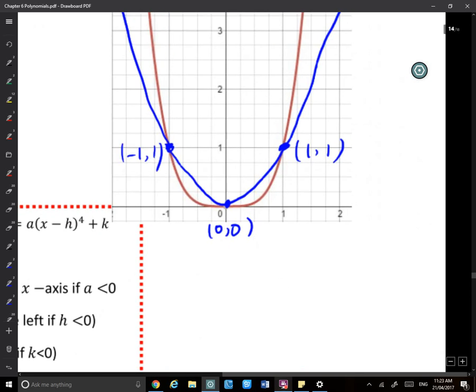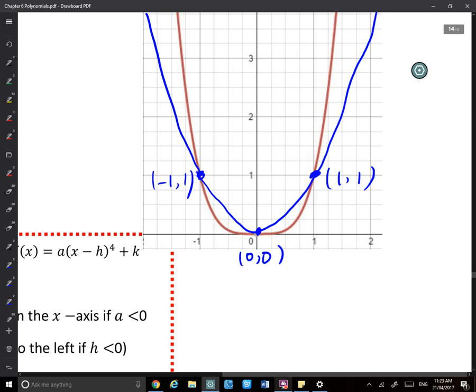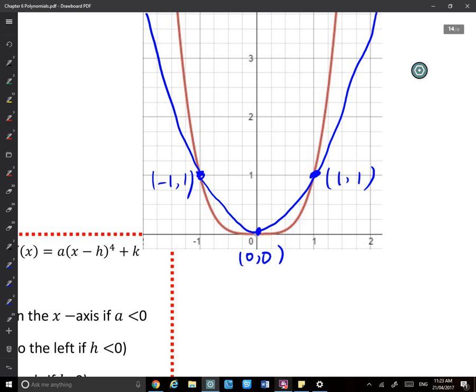In between, okay, I make this graph larger. In between negative 1 and 1, the blue graph, which is the x squared graph, is on top of the x to the power 4 graph. So in between negative 1 and 1, the quadratic is above the quartic, and to the left of negative 1 and to the right of 1, the quadratic is actually below the quartic graph.